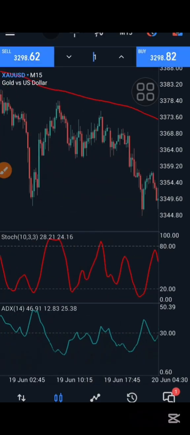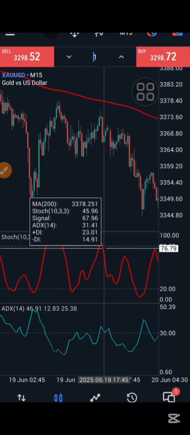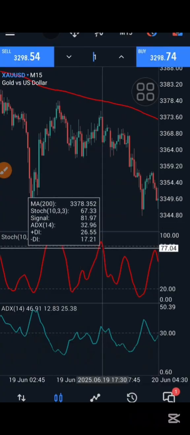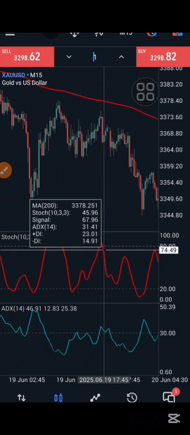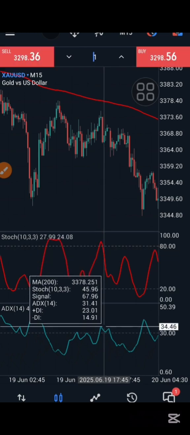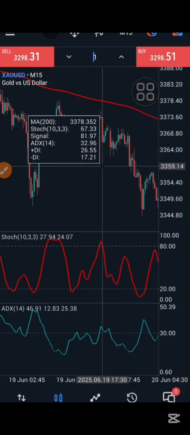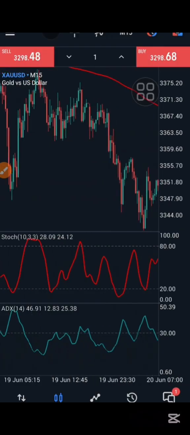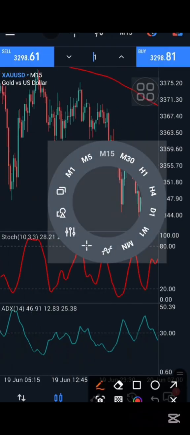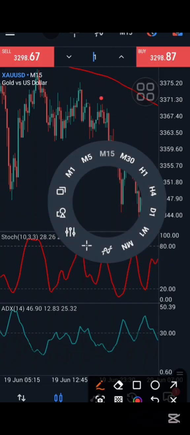You can see the market was a little bit choppy during that period. And here we're going to take a trade. Why? Because the ADX here was above 30, and the price was also below the 200 exponential, and we had the crossing below the 80 level here. So we're going to take our trade at this particular level. And you can see price moved down in that example.